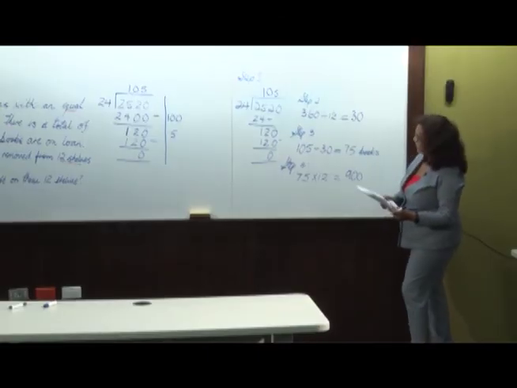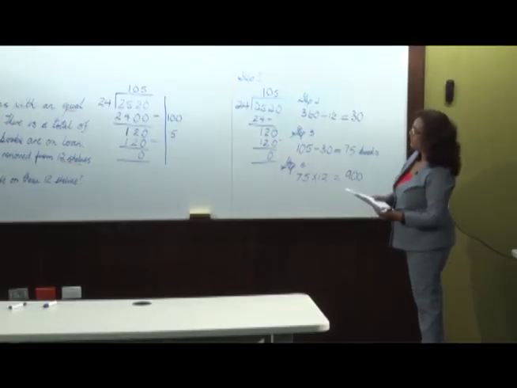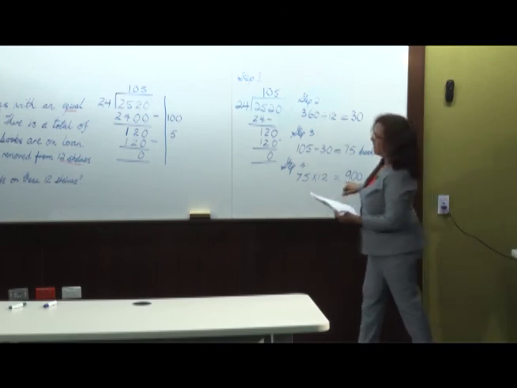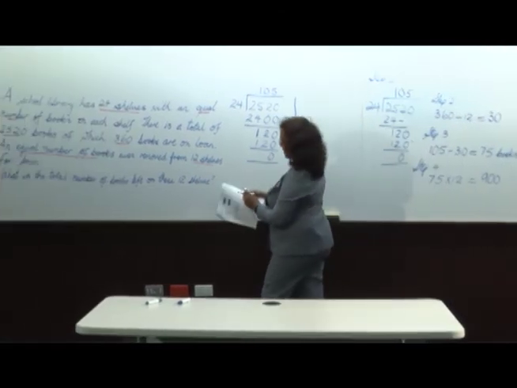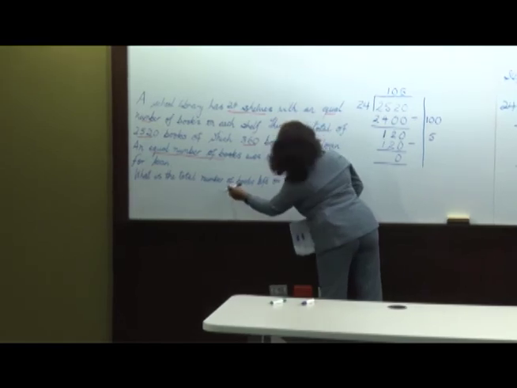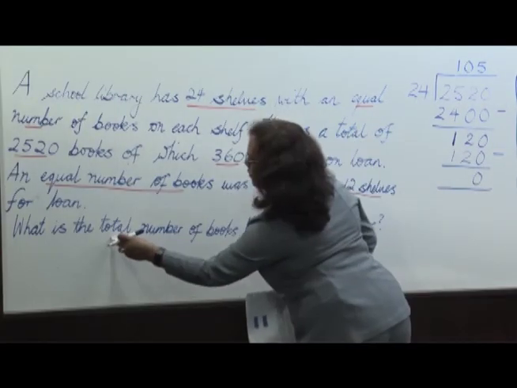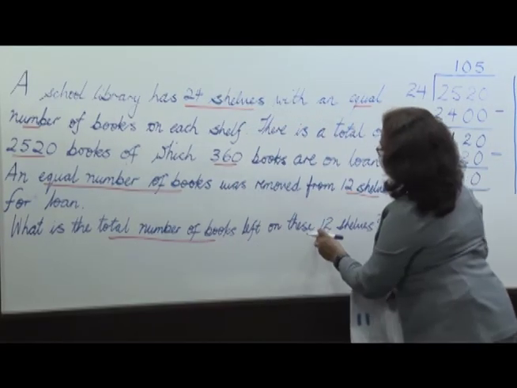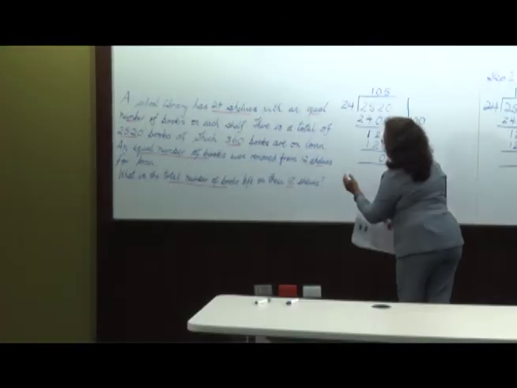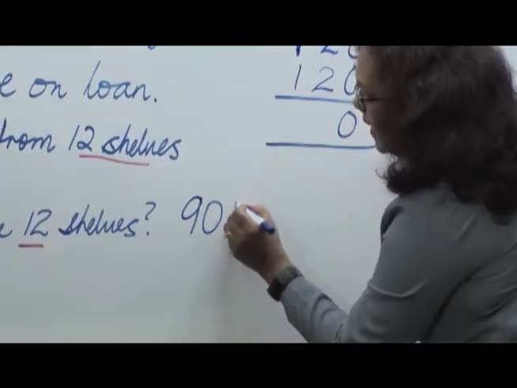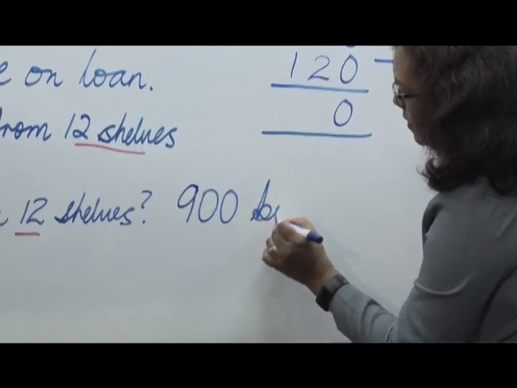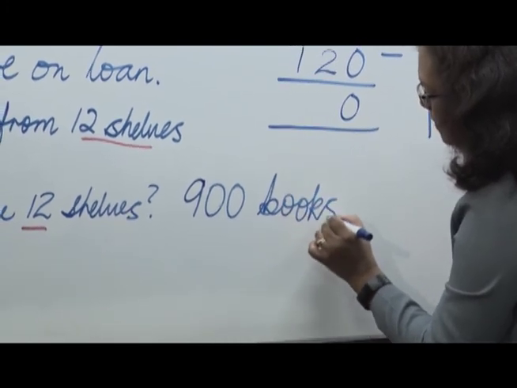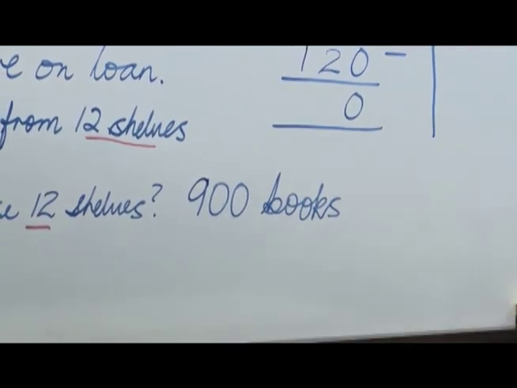So the total number of books on the 12 shelves is 900. This is what we were asked to find out. The total number of books on the 12 shelves. And the answer there is 900 books. And that's our answer.